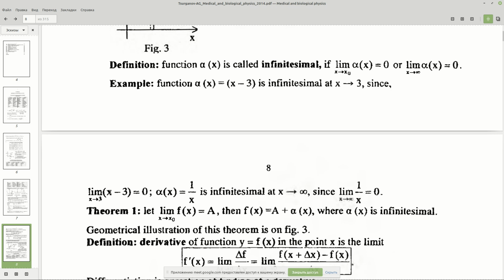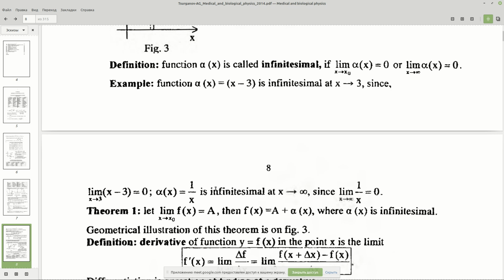And a of x equals 1 divided by x will be infinitesimal at x going to infinity, since the limit of 1 divided by x when x goes to infinity is equal to 0.